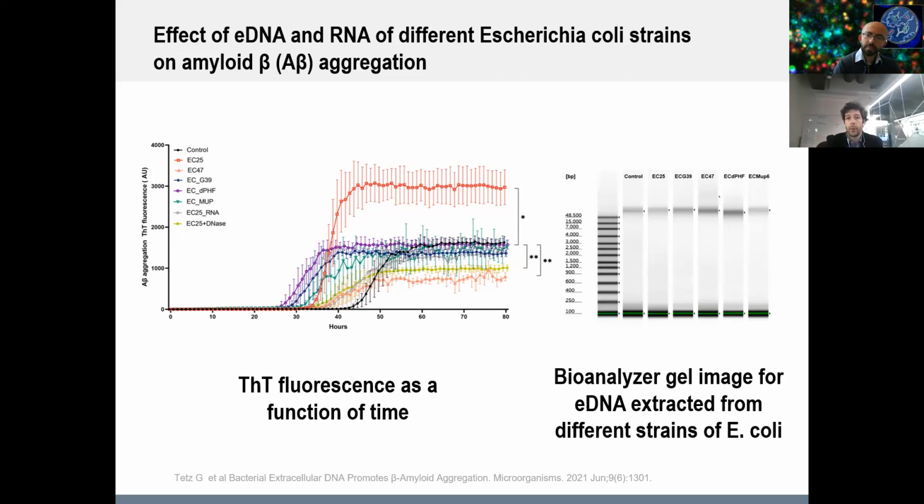Moreover, our data outline a new potential mechanism of how distantly localized bacteria, including those localized in the gut, by the secretion and release of eDNA, could remotely contribute to Alzheimer's disease development and aggravate its progression.